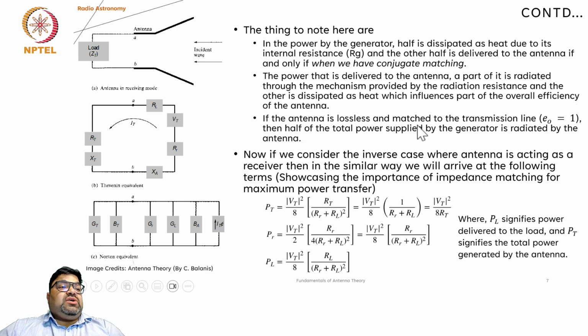If the antenna is lossless and matched to the transmission line, then half of the total power supplied by the generator is radiated by the antenna itself. If we consider the inverse case where the antenna is acting as a receiver, then in a similar way we will arrive at the following terms, showcasing the power of matching impedances.